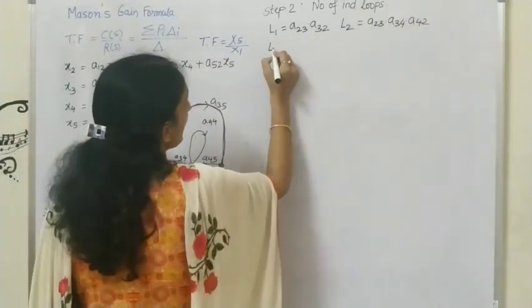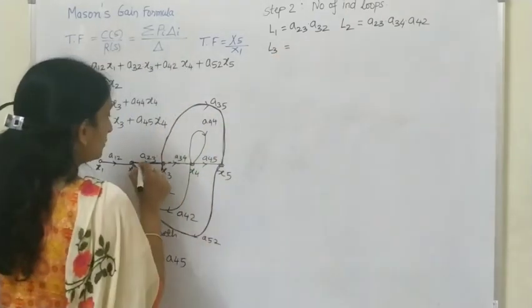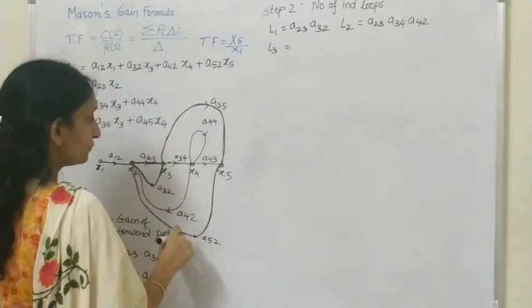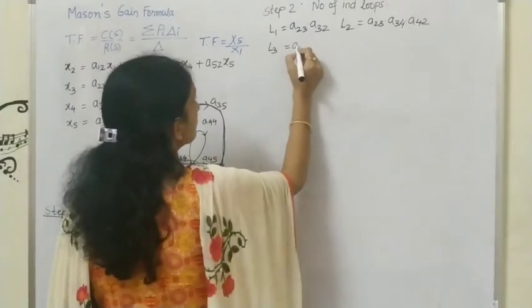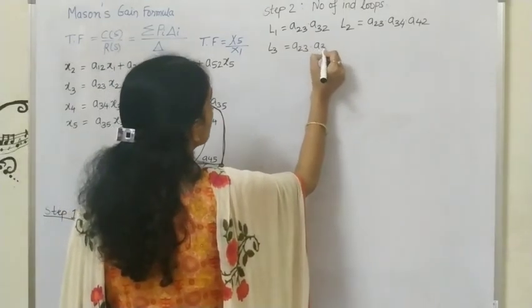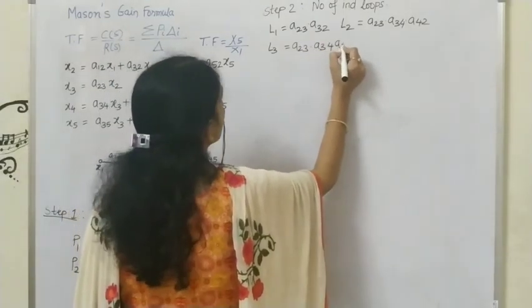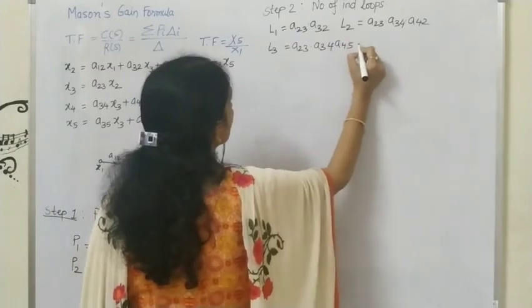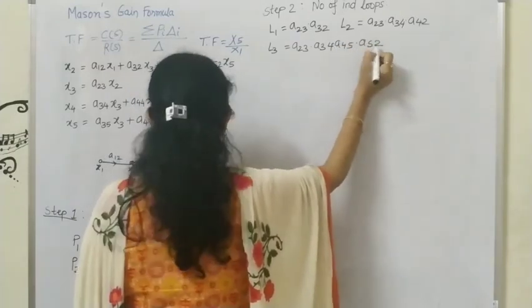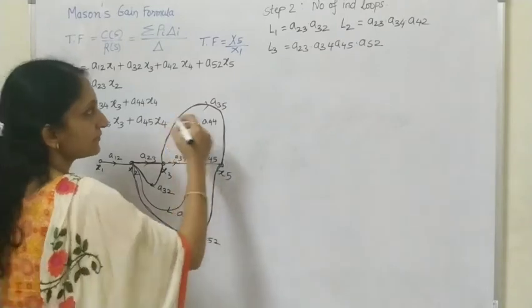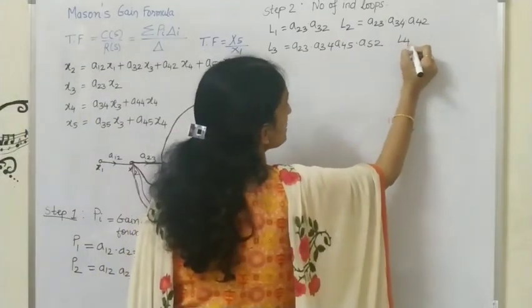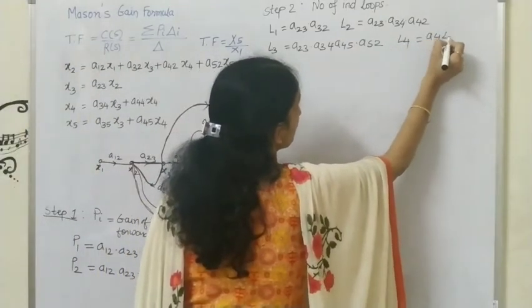Next, L3 is equal to a23, a34, a45, a52. Then the self loop, L4, is equal to a44.